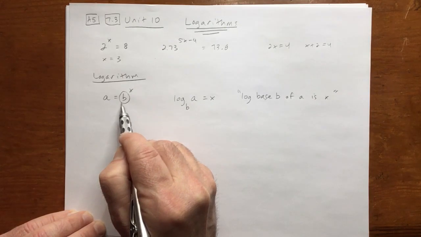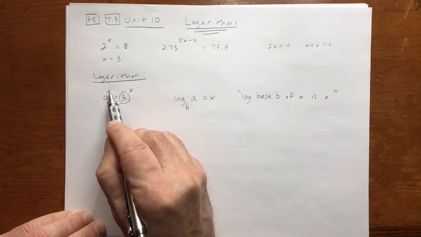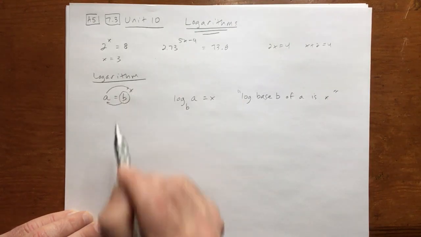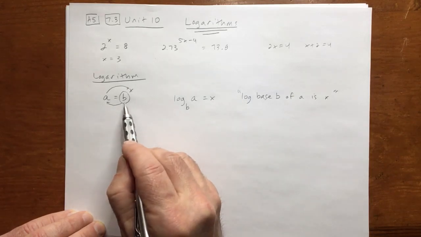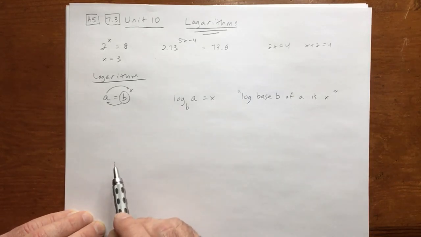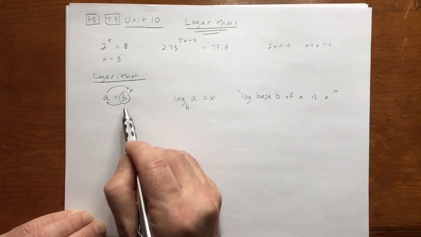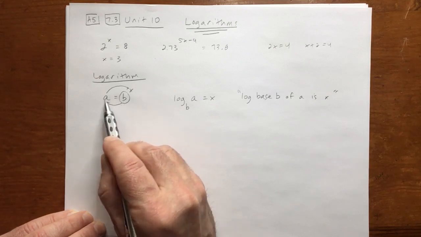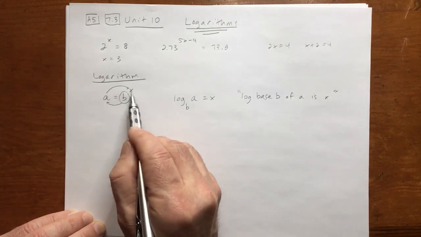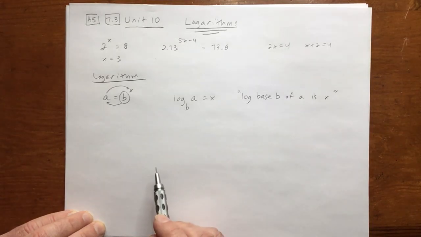What I want you to do is go from that circle, go across the equal sign, and then you come back to the only part you haven't dealt with yet, the x. And you know how we started with the base? You read it by starting with the base like this. Log base b of a equals x. And so you see we have that, log base b of a equals x.